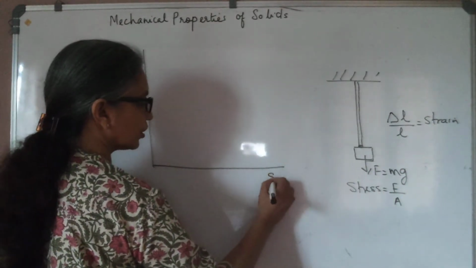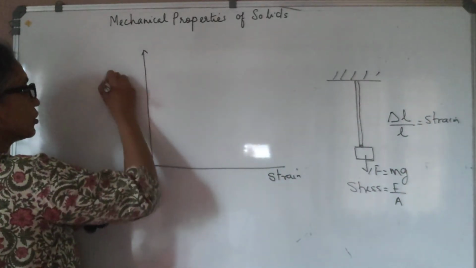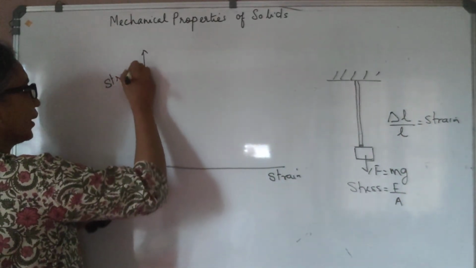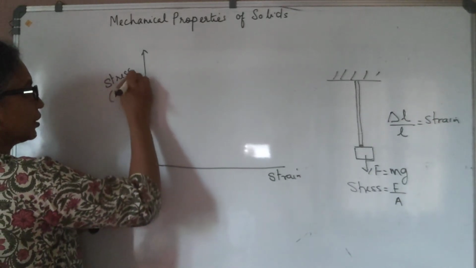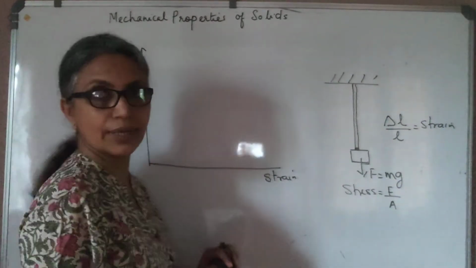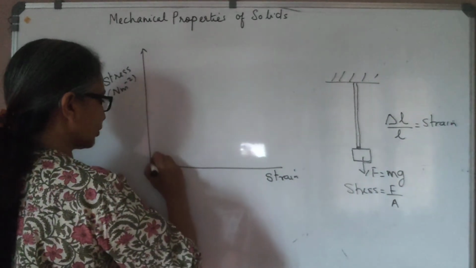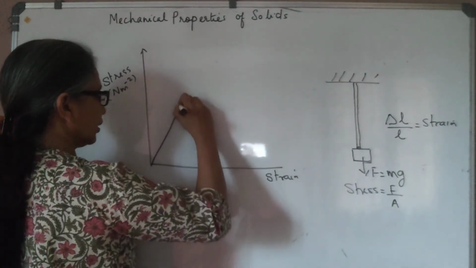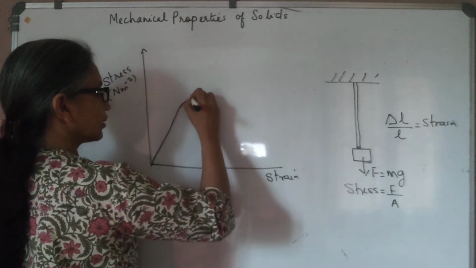We are going to plot the strain along the x-axis and the stress along the y-axis. This will be in Newton per meter square. Strain, as you know, has no unit. Now, if you study this, you will see that for some time it's a straight line, and then a slight curve.